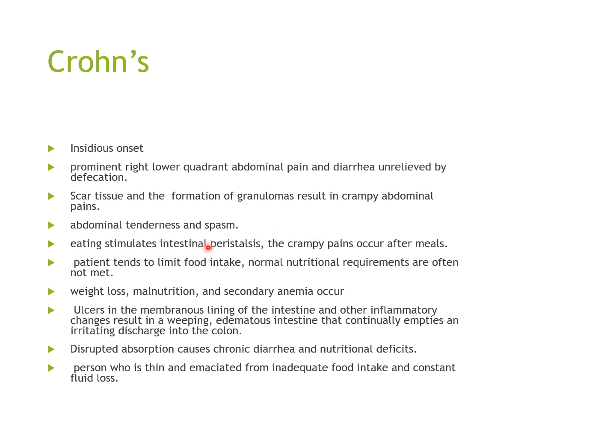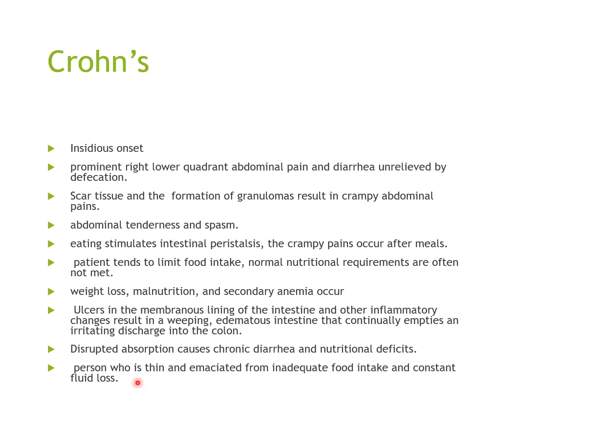Eating stimulates intestinal peristalsis, and the crampy pains occur after meals. Because it hurts after they've eaten, the patient starts to limit food intake. They don't want to eat. Therefore, they may not meet all their nutritional requirements, so they may end up with weight loss, malnutrition, and secondary anemia.